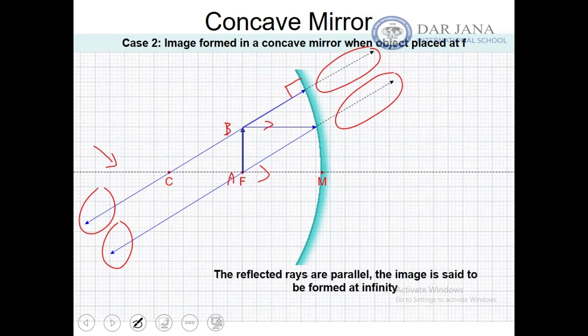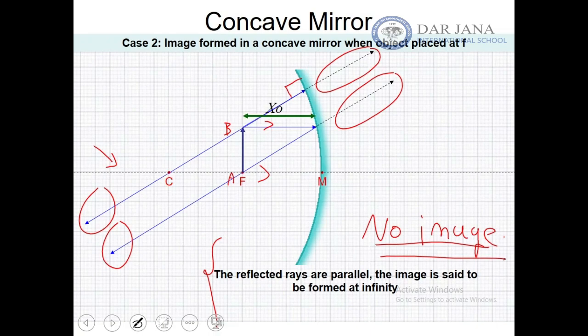This means that the reflected rays will intersect at infinity. So in this case, we cannot see any image. There is no image in this case, which is case 2.